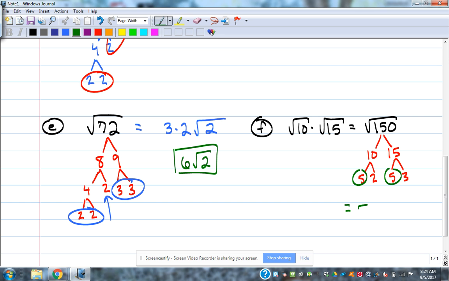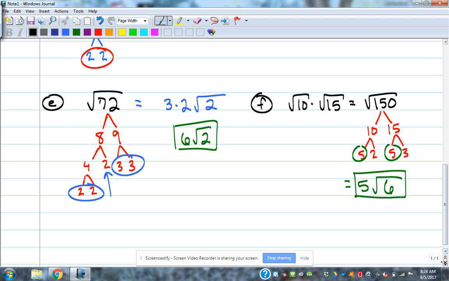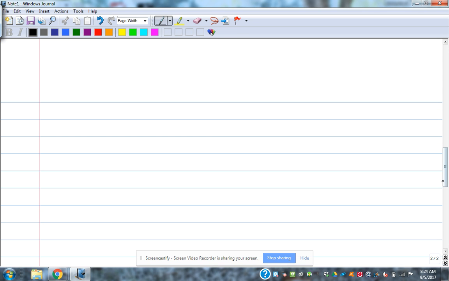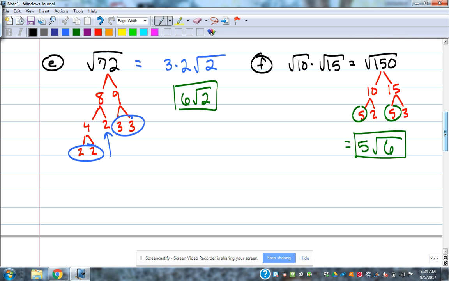So that's going to be 5 radical what? 2 times 3, which would be 6, yeah. Definitely wouldn't expect you to write that step every time. I mean, you can obviously do that with your brain. Okay, so multiplying radicals, inside times inside, outside times outside.